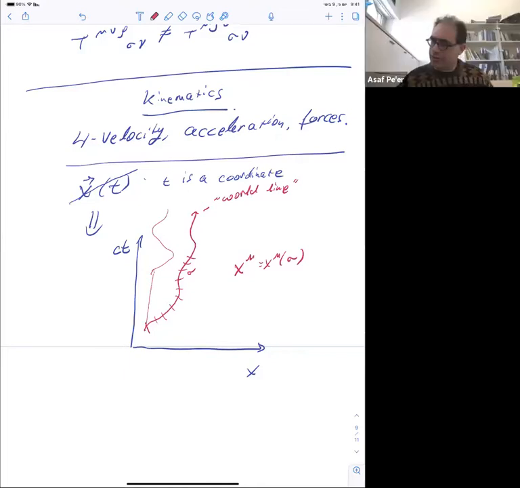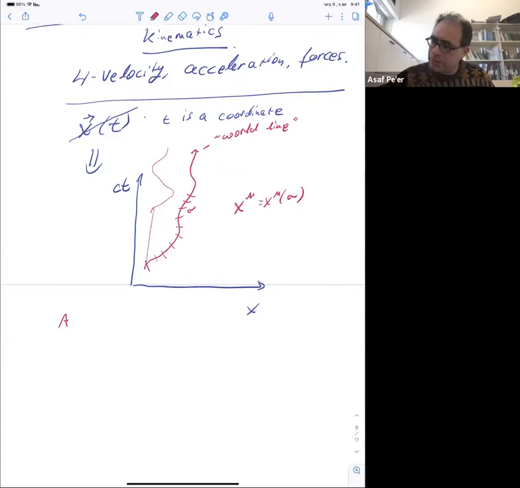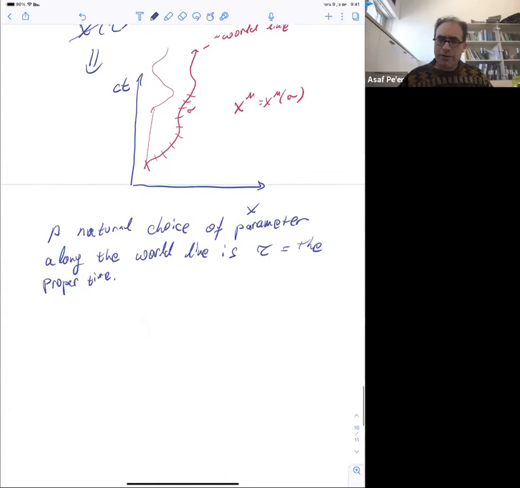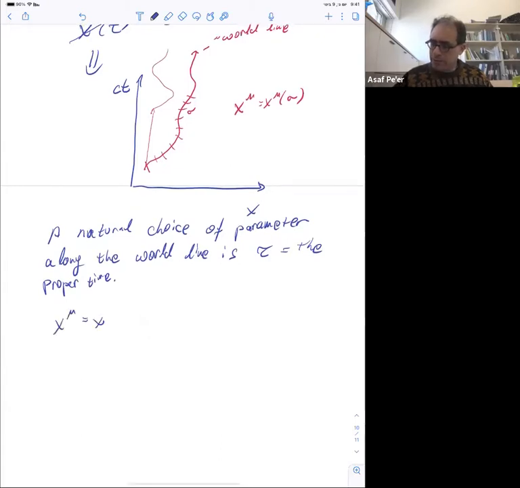So a natural choice of parameter along the world line is tau. Basically I describe my world line, or any world line, as x mu is x mu of tau. Okay, now we have a way of describing where I am.